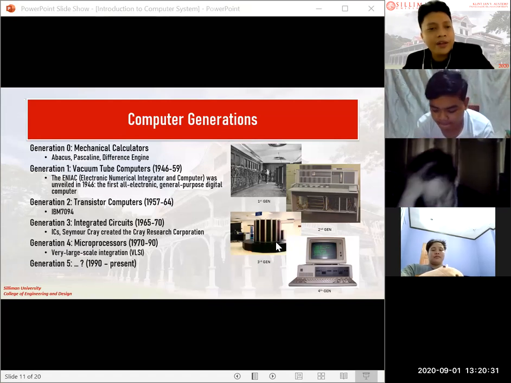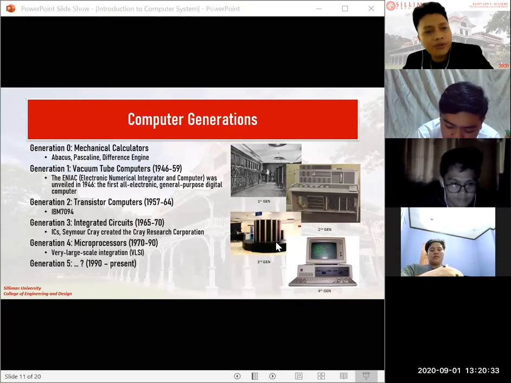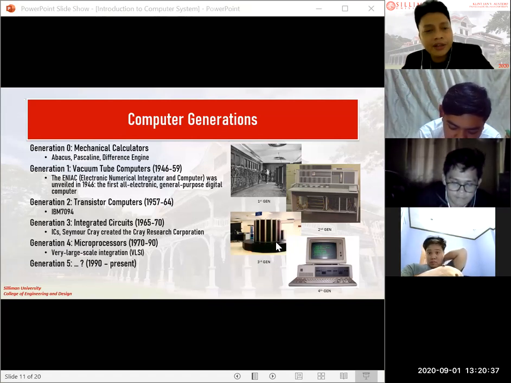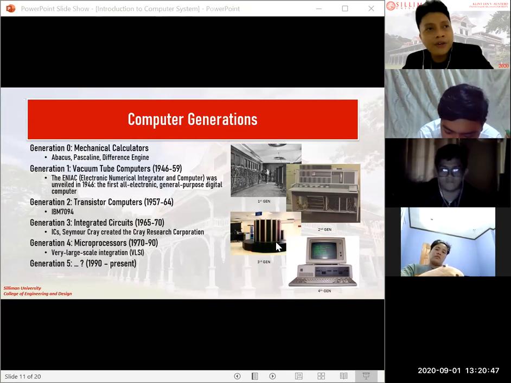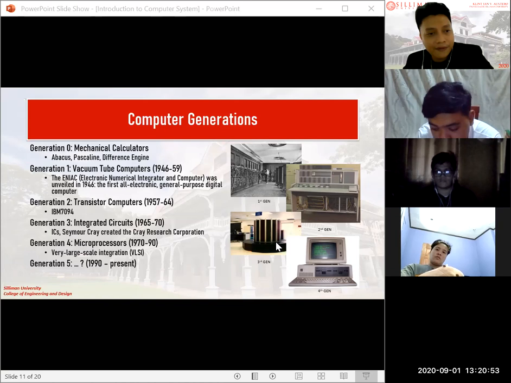Then later on in generation 4, we have now the microprocessors, 1970 to 1990s, which is very large scale integration, VLSI. And this is the development of computers that was during the time of Bill Gates and Steve Jobs.